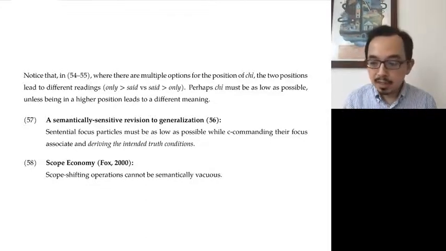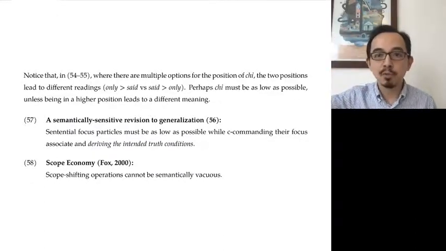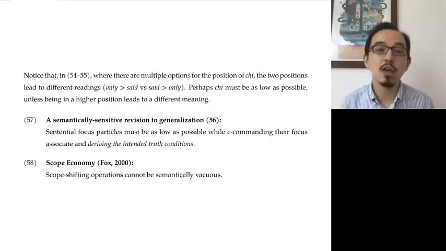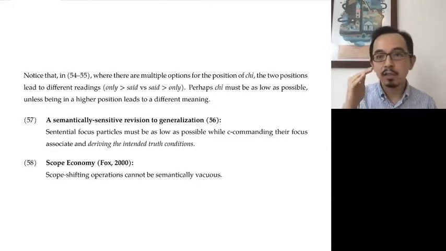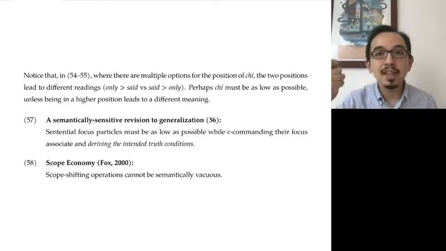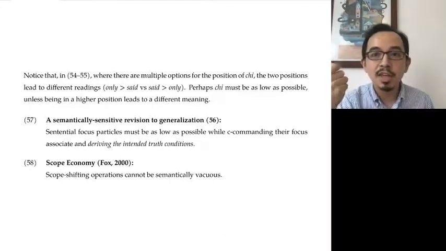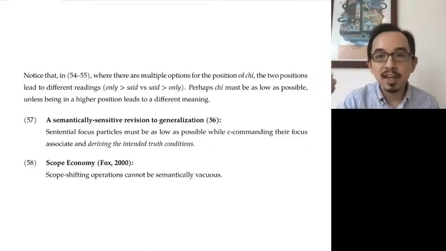This idea that scope shifting operations cannot be semantically vacuous, or in this case, we don't have to necessarily think about it as movement, that if you have different options for merging an adjunct, a sentential adjunct, then somehow there is some pressure that says you want it to be as low as possible, and a way to actually violate being as low as possible is if by violating it you lead to a different meaning.